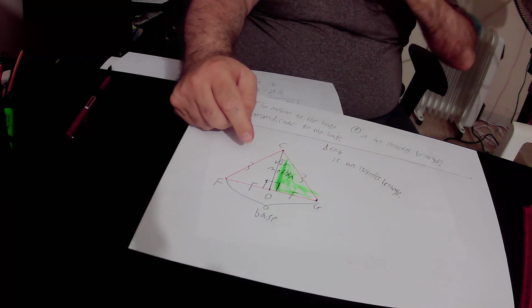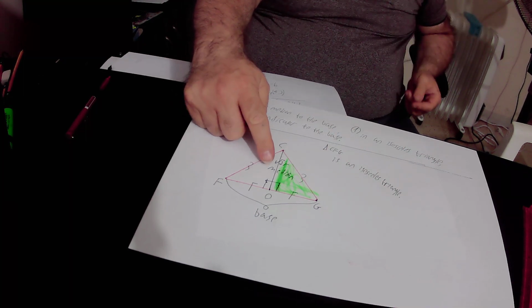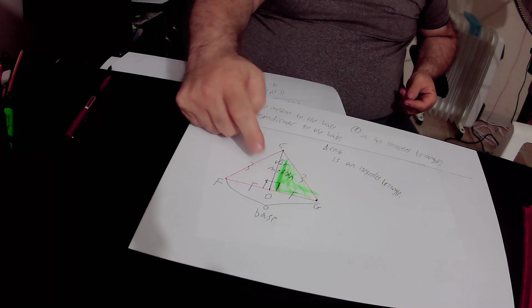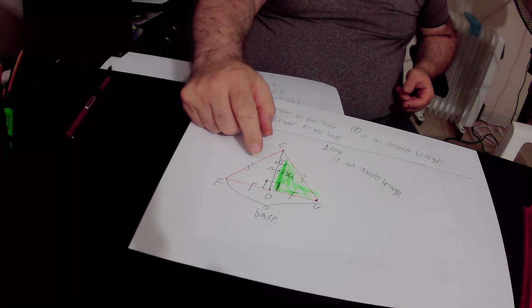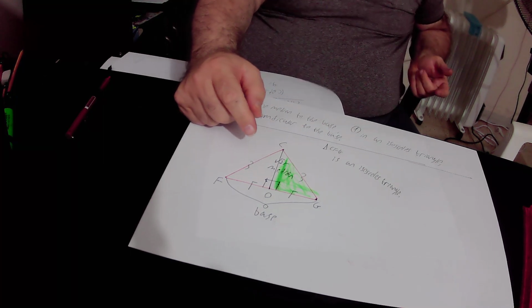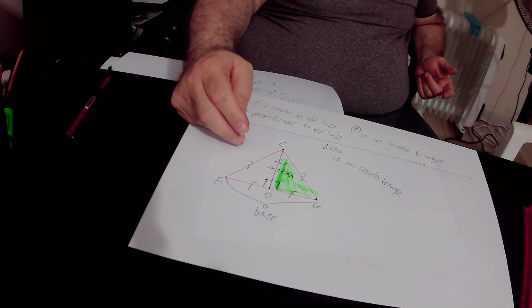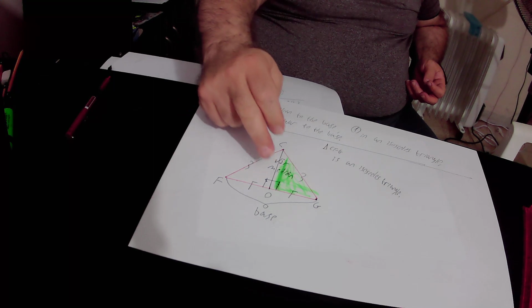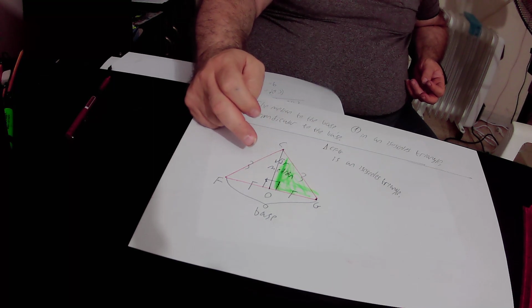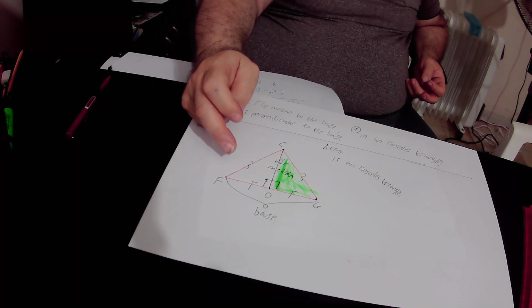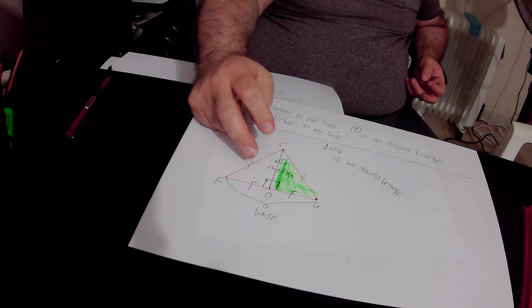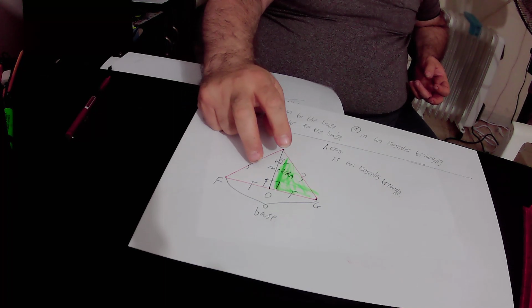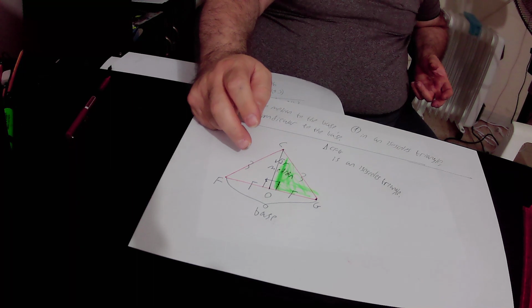They have a side CO that is a common side. Actually, the median CO divided the isosceles triangle CFG into two right triangles that are identical. They are congruent to each other.